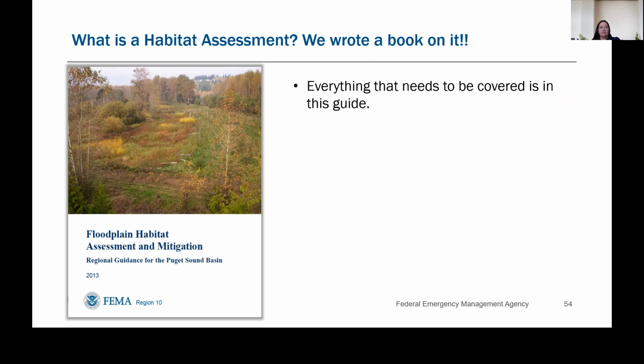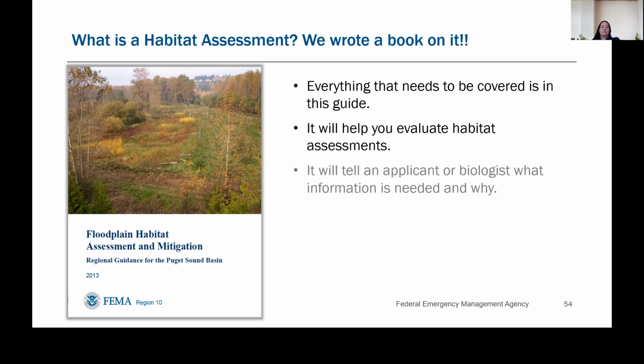It's a robust document, and it will help you evaluate habitat assessments. It breaks down the language of what needs to be in there, what kind of analysis is required, what kind of determinations and conclusions to look for in them. And it's just a really handy guide. If you got nothing more out of these modules than the name of this document and our email addresses, that would be huge, because really everything in here will help you with this.